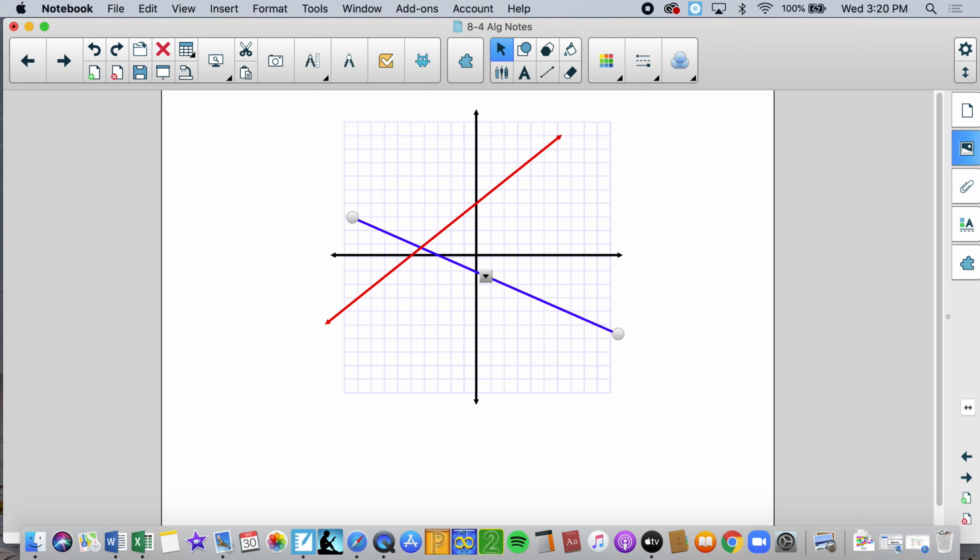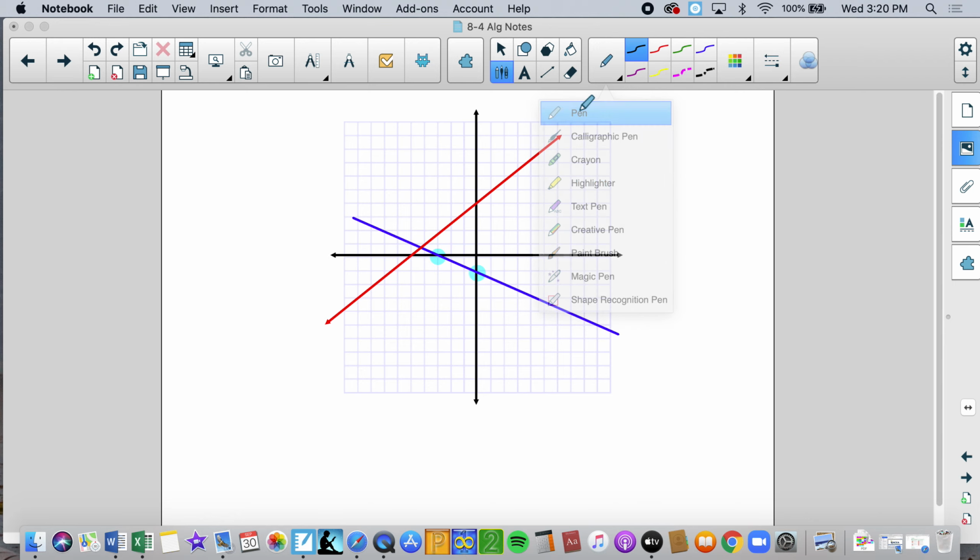All right, so if we look at the blue line and we look at its intercepts, this is the y-intercept because it crosses the y-axis. This is where the x-intercept for the blue line is because that's where the line crosses the x-axis.